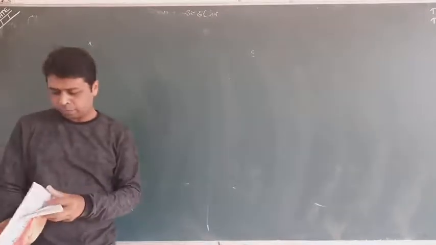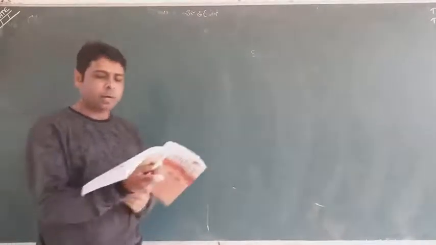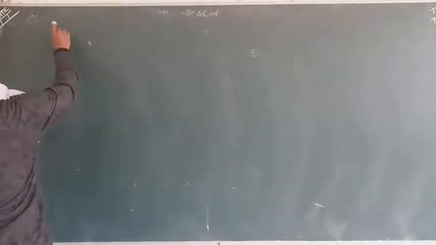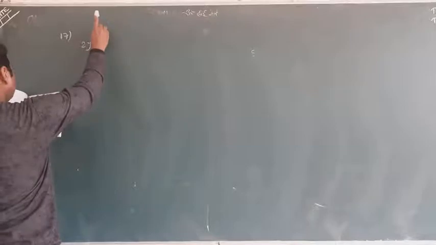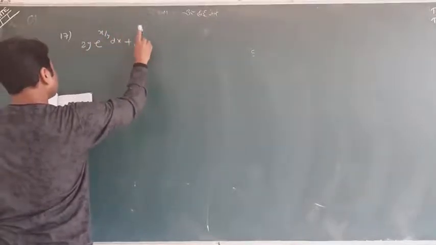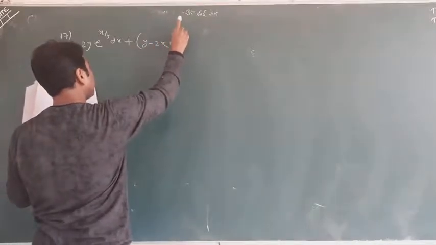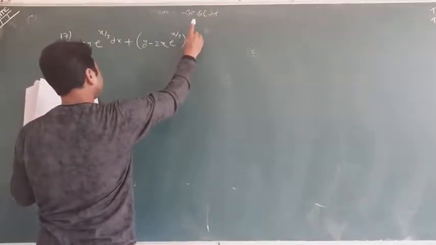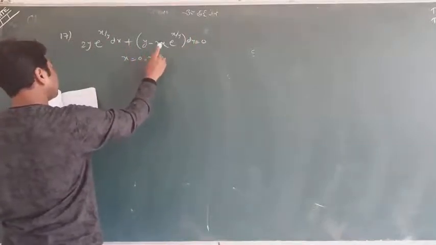See question 17. 2y e^(x/y) dx + (y - 2x e^(x/y)) dy = 0, with x = 0 and y = 1.